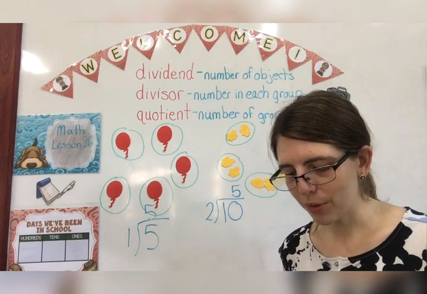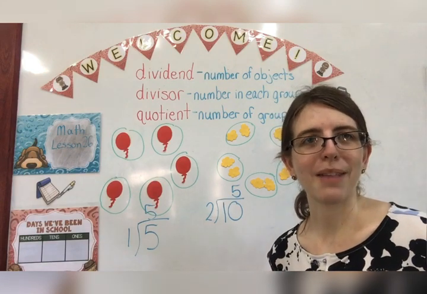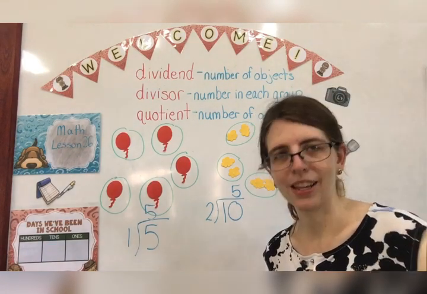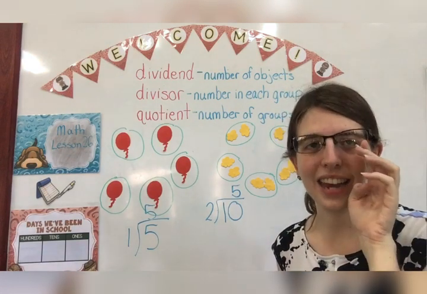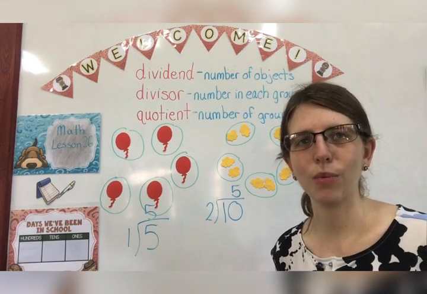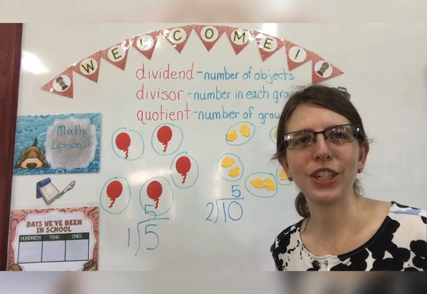Okay, we're going to do one more together and then you'll do the rest by yourself. Letter D, 24 divided by 2. Okay, so count 24 mice. 2, 4, 6, 8, 10, 12, 14, 16, 18, 20, 22, 24. How many groups of 2 did you just count?